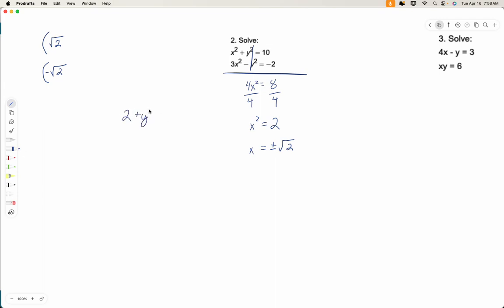Plus y squared is equal to 10. So y squared is equal to 8. To unsquare it, y is equal to plus or minus 2 times the square root of 2.